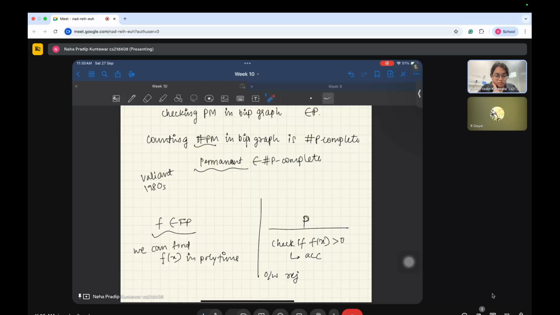It is a decision problem, so you are only allowed to have one bit of answer output. The question that we are asking should always be of yes/no type. That's why it's a decision problem.